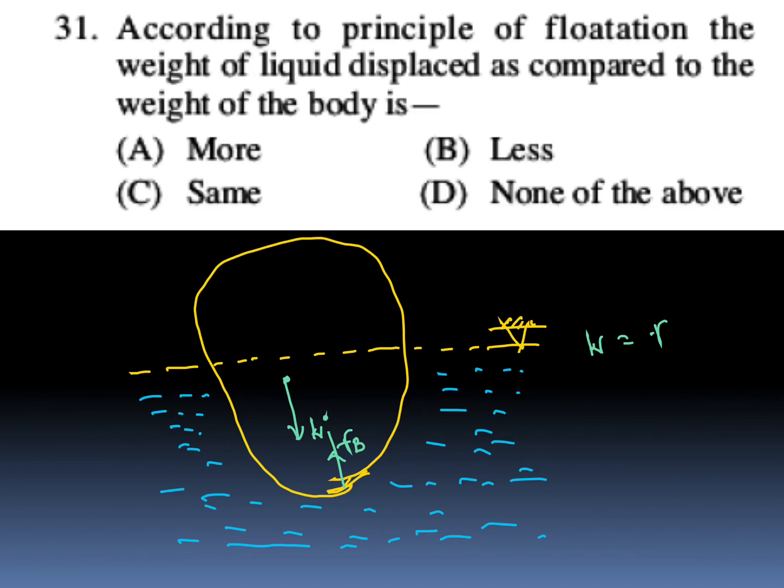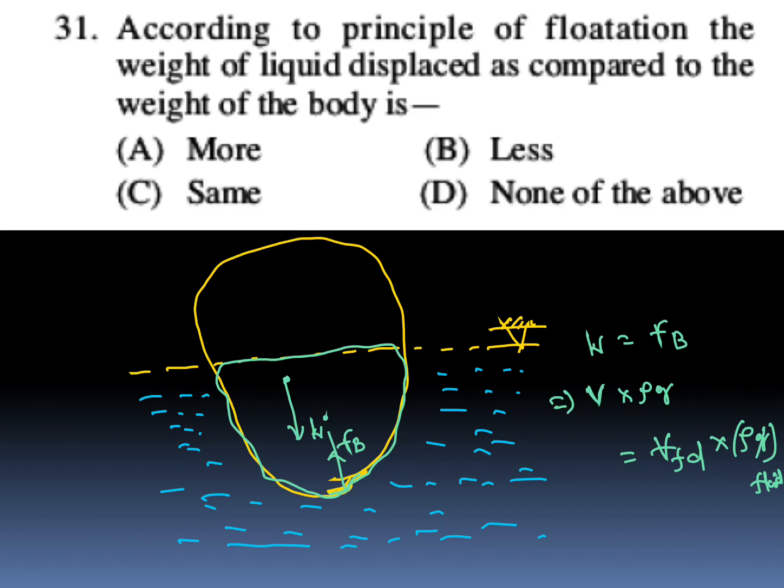So here W is the total volume of the body V times rho g of the body. It is equal to FB. This is the volume of the fluid displaced, this volume only, times rho g of the surrounding fluid. So g you can cancel.